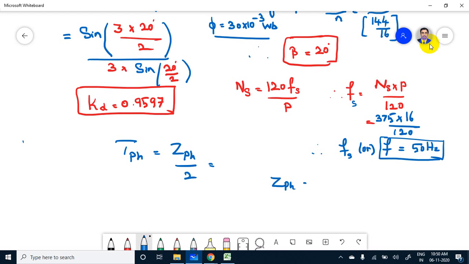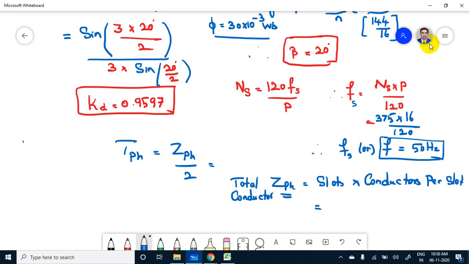Z phase is equal to total conductors, slots into conductors per slot. Z phase will be nothing but the total conductors. Z phase equal to slots into conductors per slot.